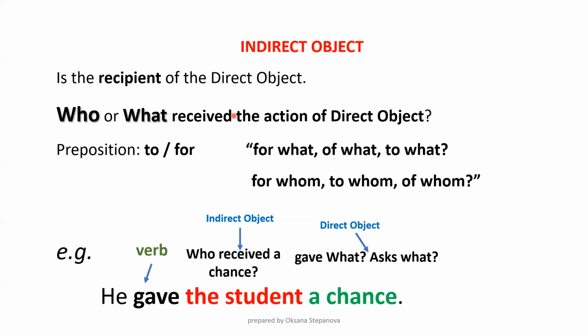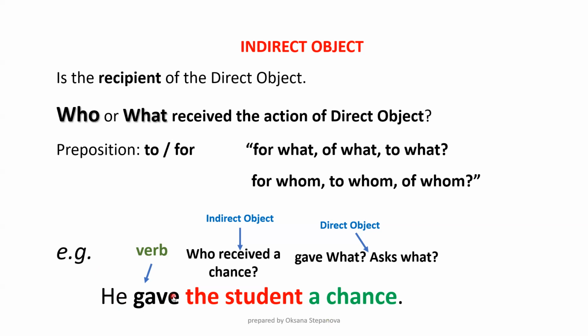All right, so let's look at this example with gave. Gave is the past tense of the verb to give. So give always requires indirect object. So he gave the student a chance.